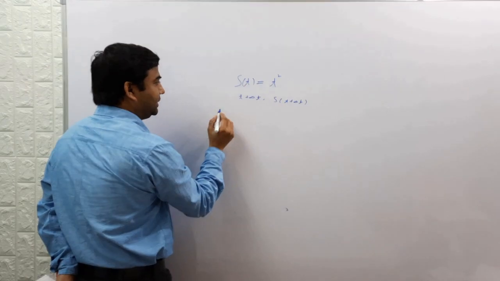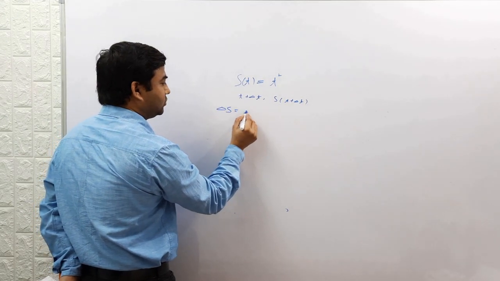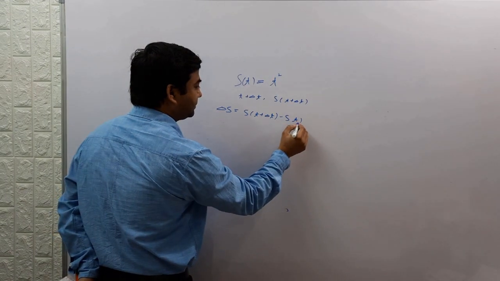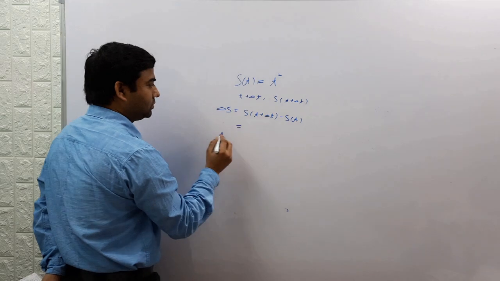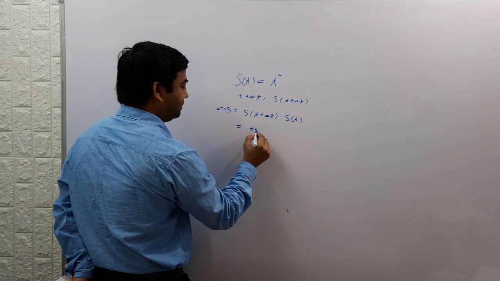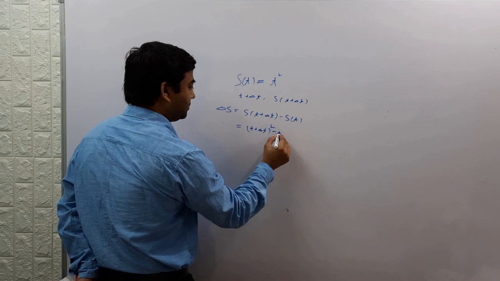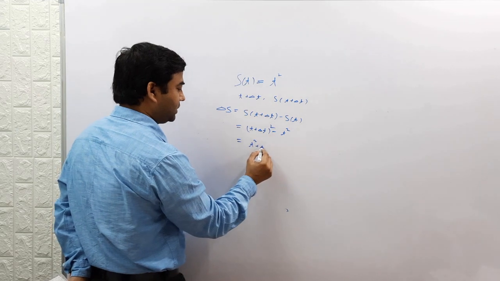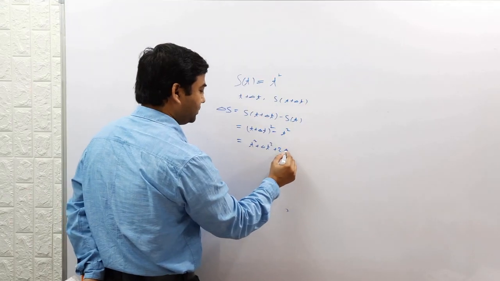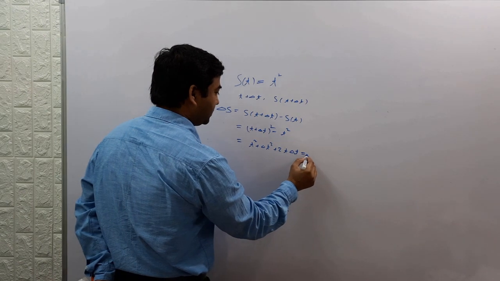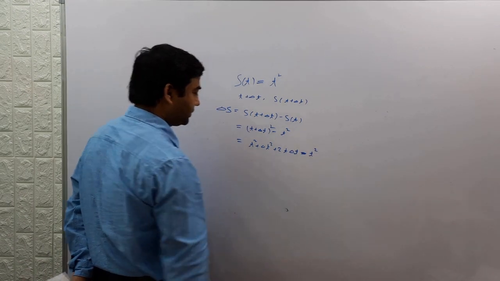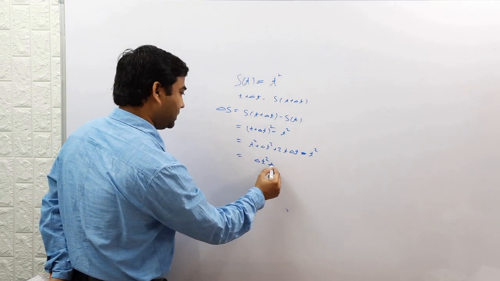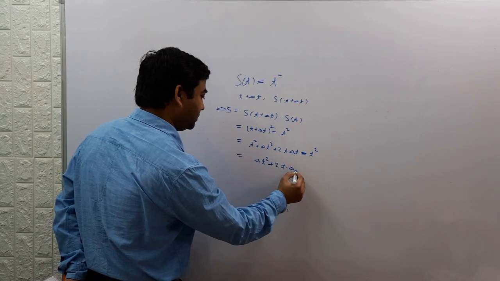So from t to t + delta t, delta s is equal to s(t + delta t) minus s(t), which is equal to (t + delta t) square minus t square, which is t square plus delta t square plus 2t delta t minus t square. This is delta t square plus 2t delta t.